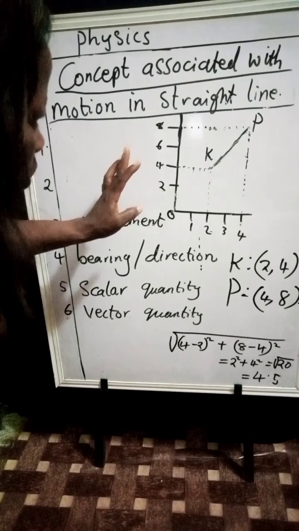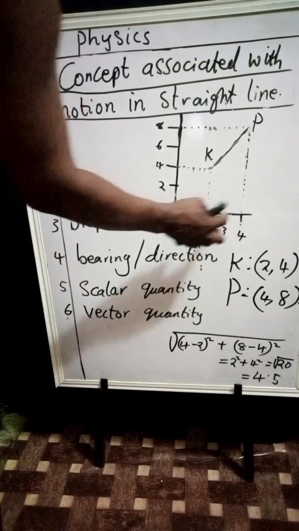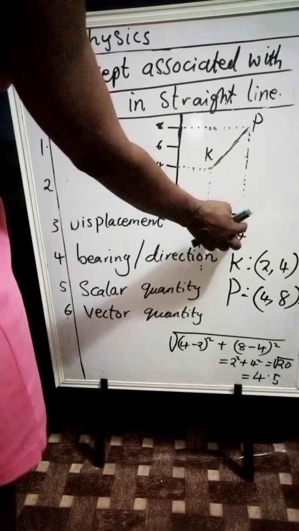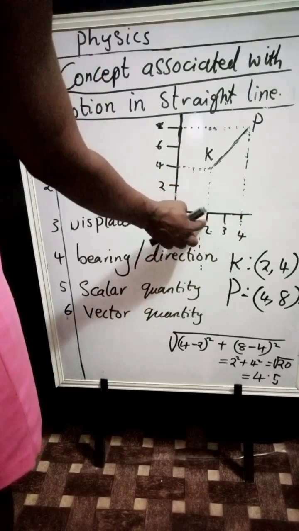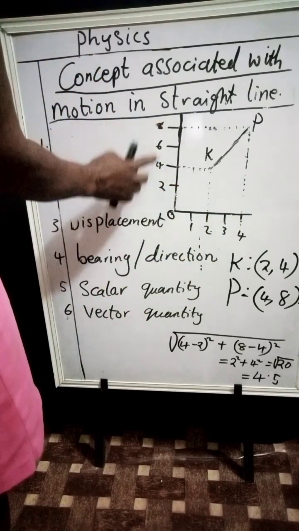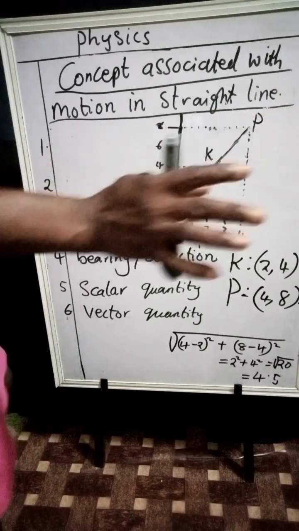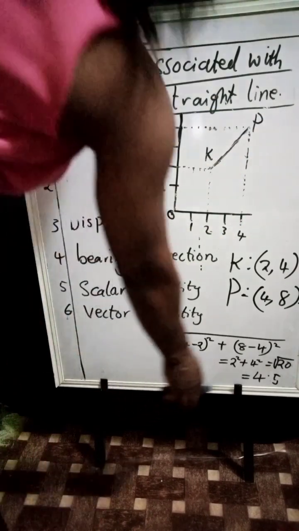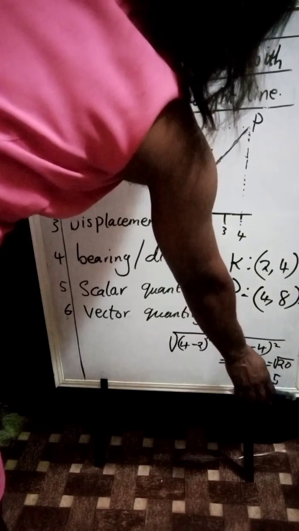That is exactly what we did. We said this minus this. We started from here and reached here. Then you get the square root of it. That is exactly what we did, and we got 4.5.